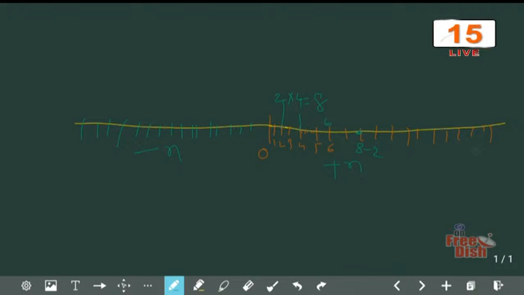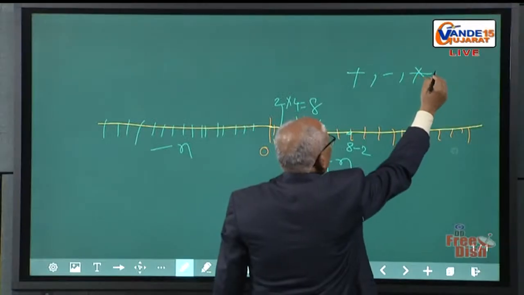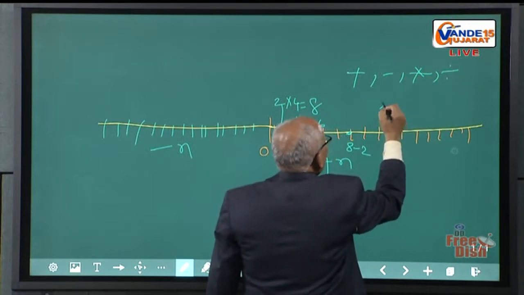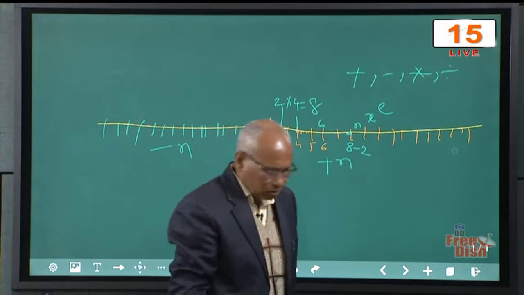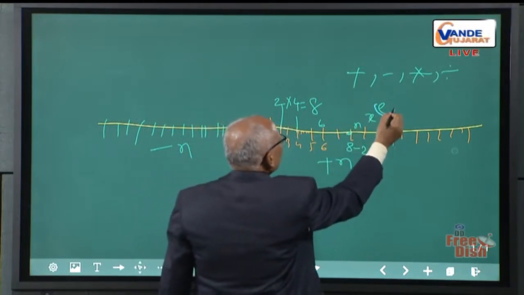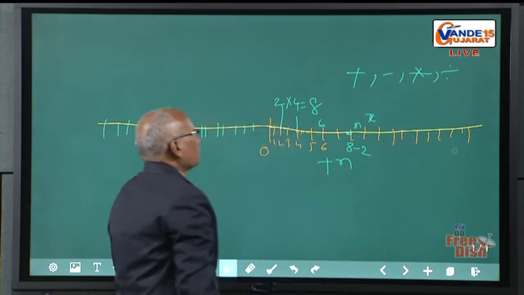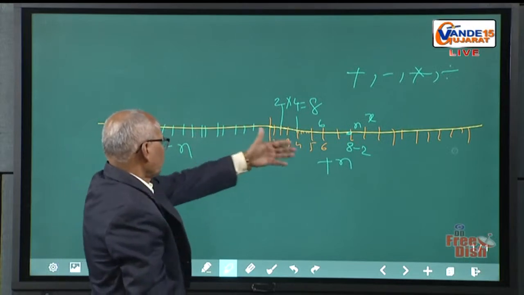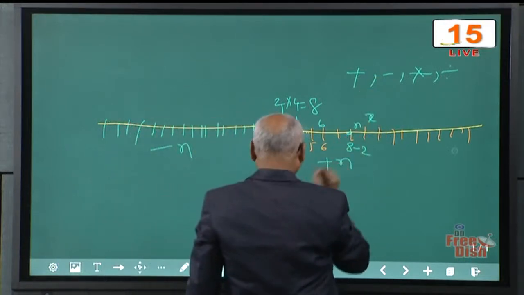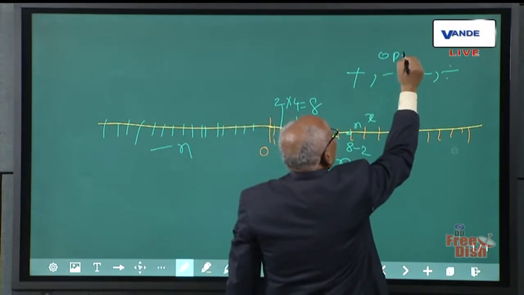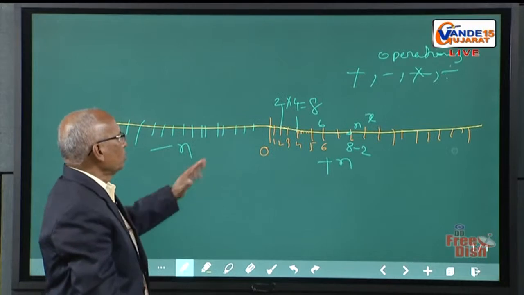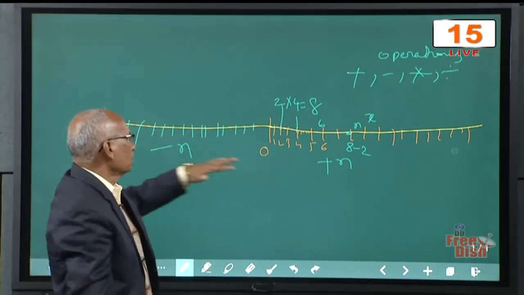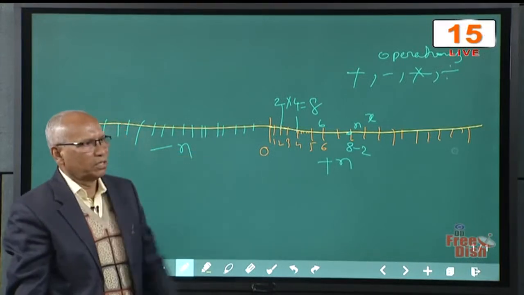Like that, whatever operation, addition, subtraction, multiplication, division, and power, exponentiation, whatever operations on numbers we do, the results will all fall on the number line. It does not escape the number line.